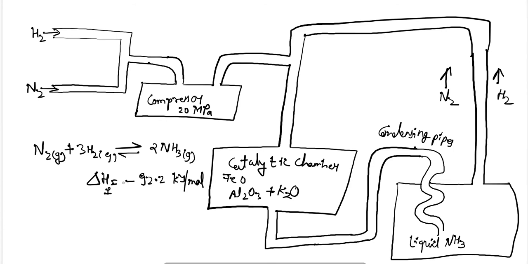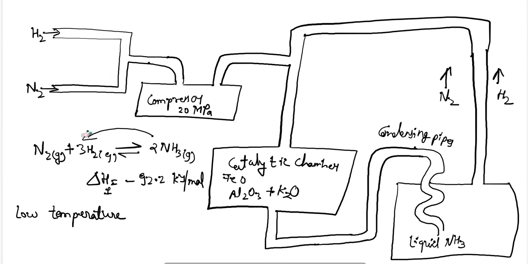Now, if the heat of formation is negative, it means we have to keep the whole process at very low temperature. If we increase the temperature, the whole reaction will turn back towards the reverse side, and we don't want that.